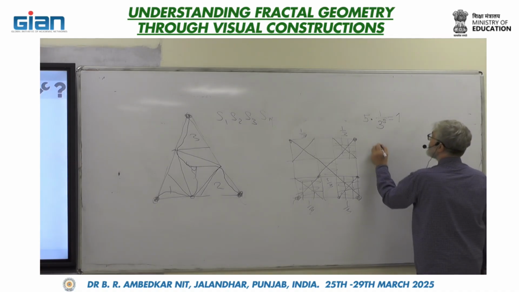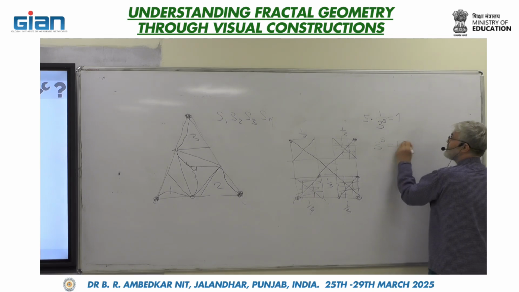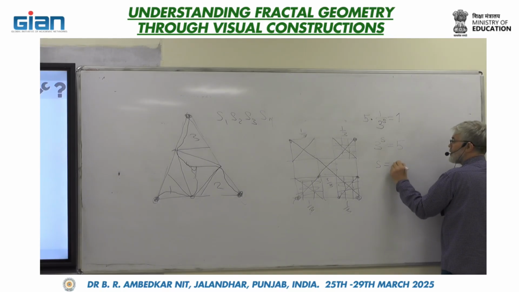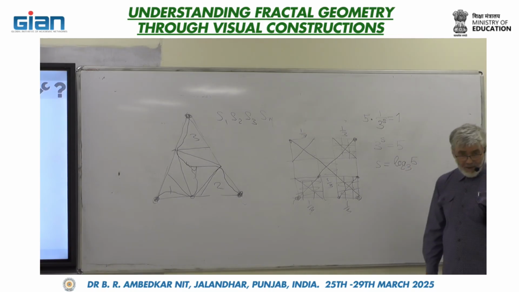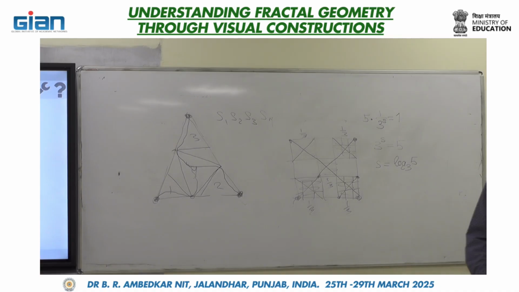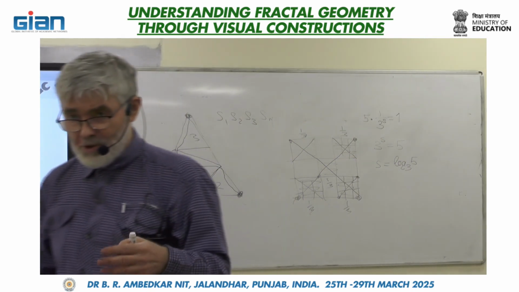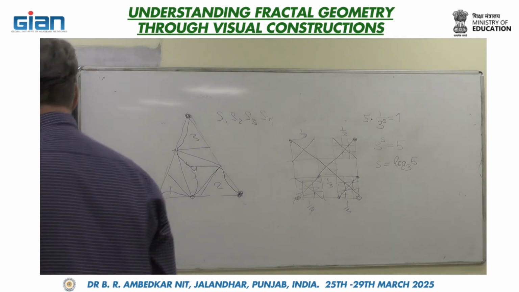Therefore, 3 to the power of s is equal to 5, and s is logarithm of 5 with respect to 3. So dimension can be found quite easily in this case, because this is a very special case in which dimension is easy to find. Okay.